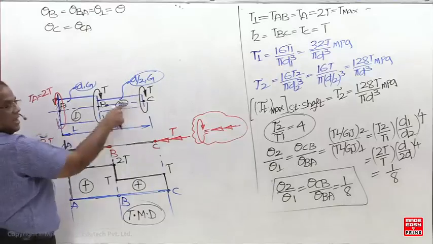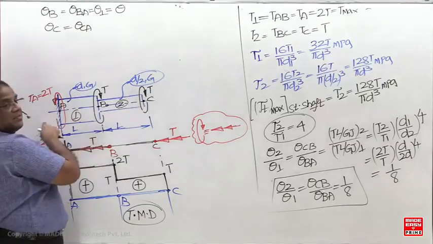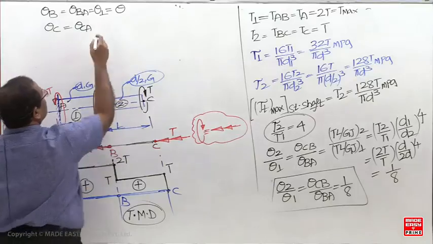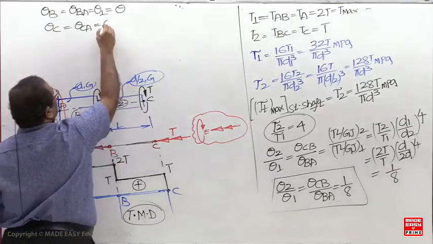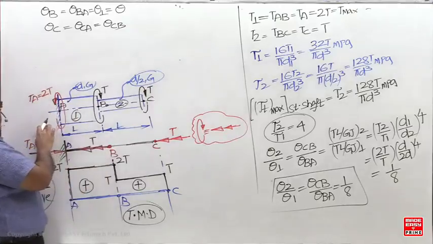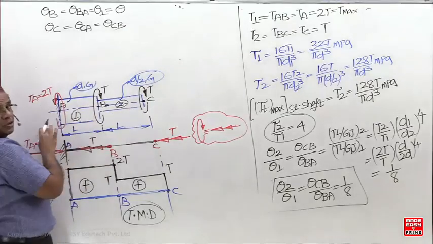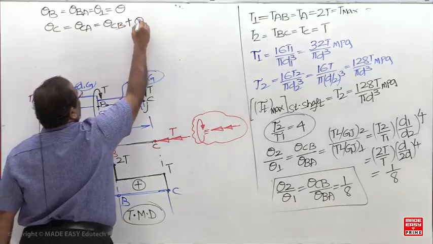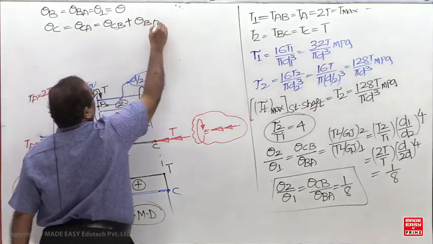But from C to A, is it a single shaft or are there two shafts? From C to A there are two shafts. How to write theta of CA now? Here to here, we cannot directly use the torsion equation. It should be taken as two shafts. So this should be written as theta CB plus theta BA.